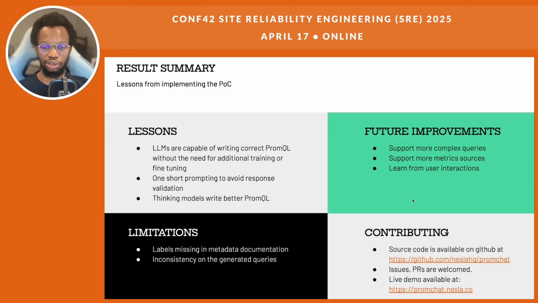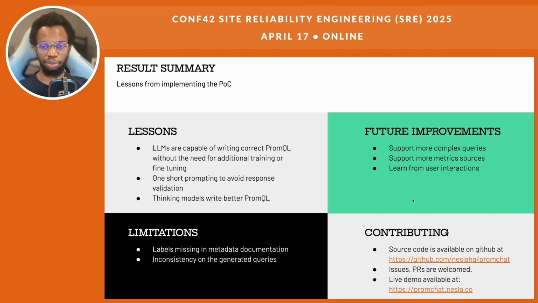What that lets us know is that state-of-the-art LLM models today are actually capable of writing PromQL queries on their own. The other thing to note is that the only change we had to make was to use one-shot prompting, which is adding an example to ensure that the output we get from the LLM is formatted exactly how we want it.